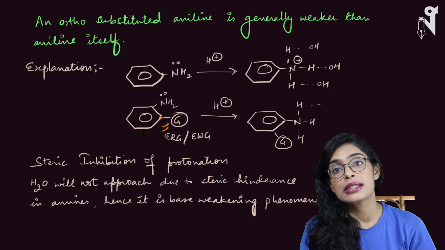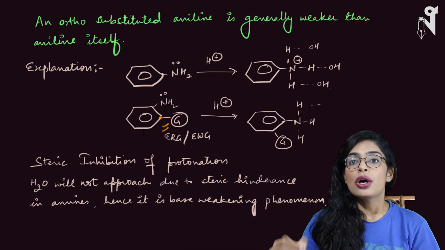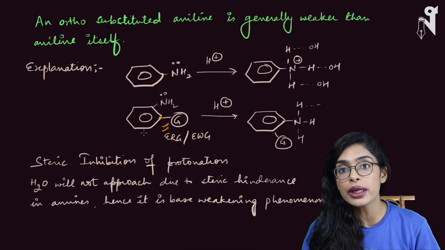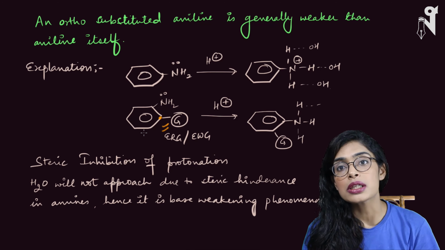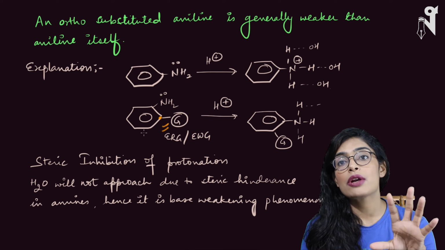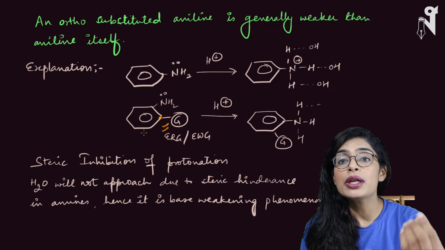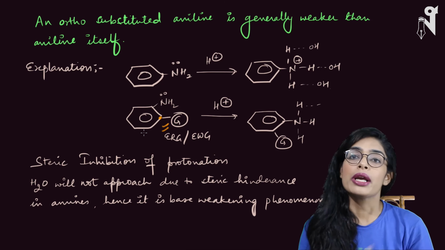Even though nitrogen has the pair of electrons, they face repulsion, or that steric crowding, and due to that crowding, reaching the nitrogen becomes difficult. Hence even though nitrogen is electron rich, it will not be able to give its pair of electrons to a Lewis acid or to H plus to make a bond.